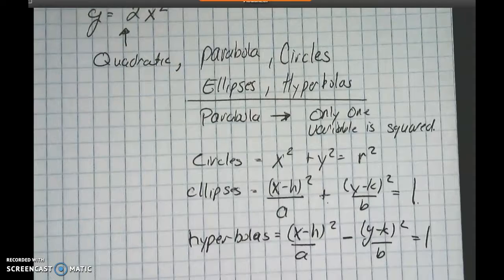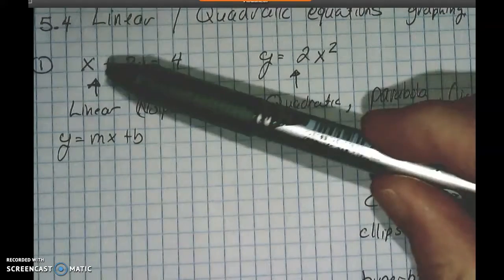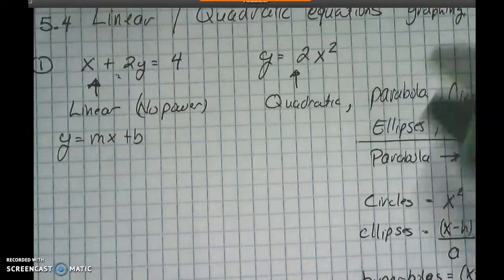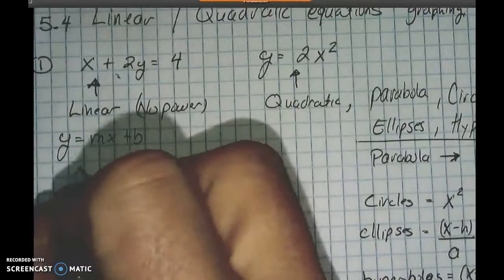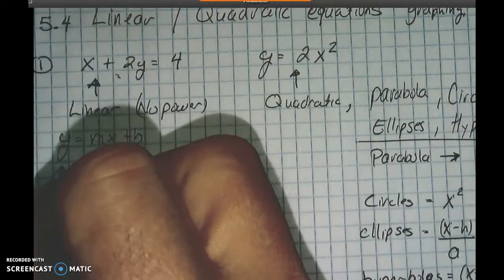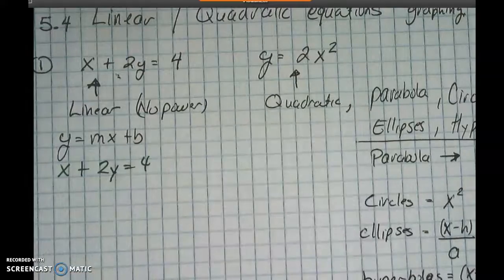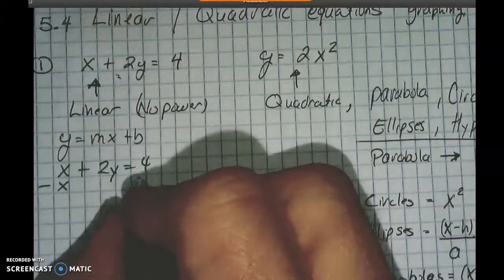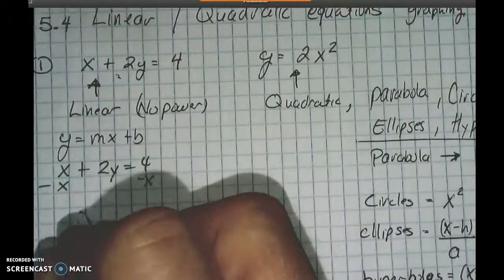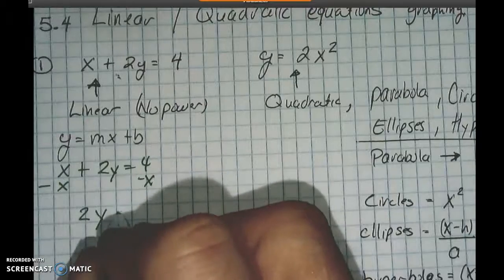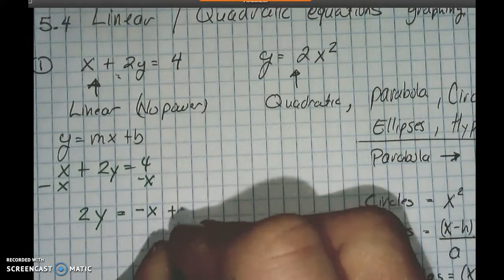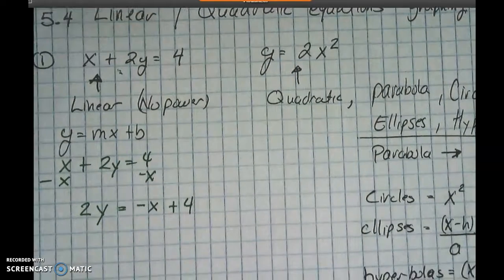Okay, so going from the review, our first two equations, we want to change this one into slope-intercept. So I'm going to come down here. How much work do you guys want me to show? All of it. So I'm going to subtract my x. So it looks something like this. I have 2y is equal to negative x plus 4. Okay.